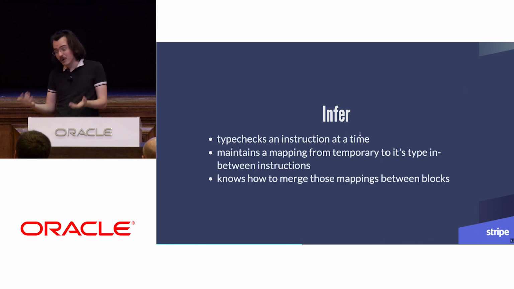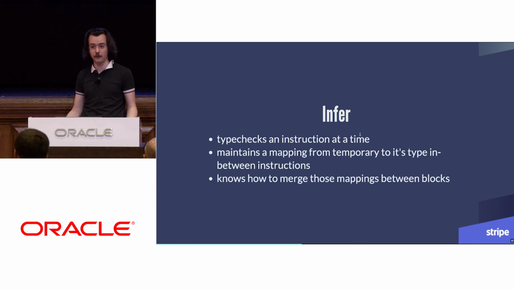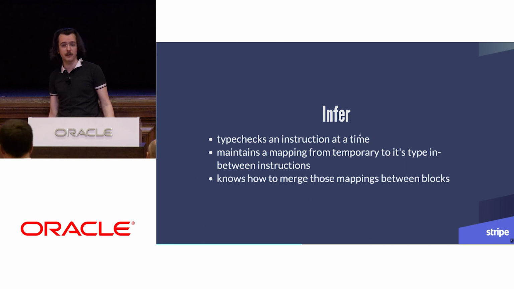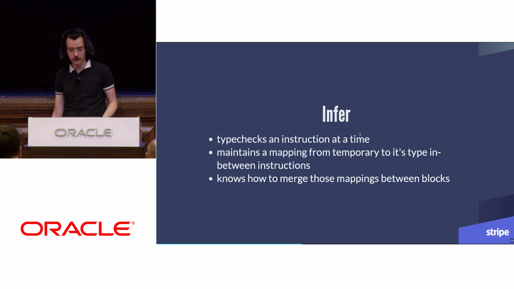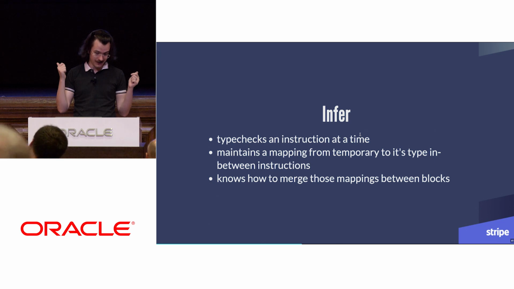Which means that overall, despite having a very control flow dependent type system and a very complex language, the type inference itself is actually pretty easy, which makes it easier to make it fast. It's trivially parallelizable. It's easy to understand.